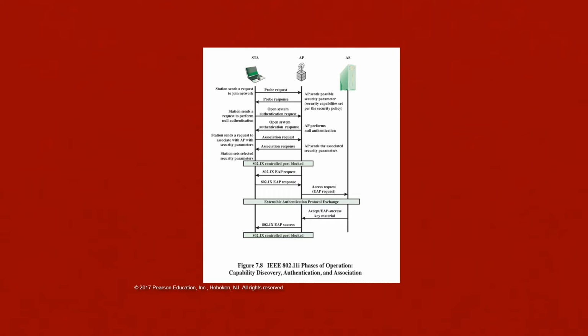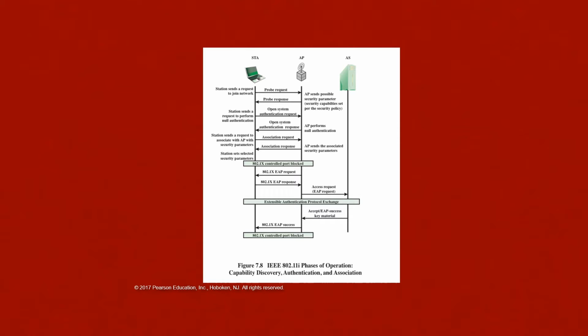The possible AKM suites are IEEE 802.1x, pre-shared key (no explicit authentication takes place, and mutual authentication is implied if the STA and AP share a unique secret key), and vendor-specific methods.